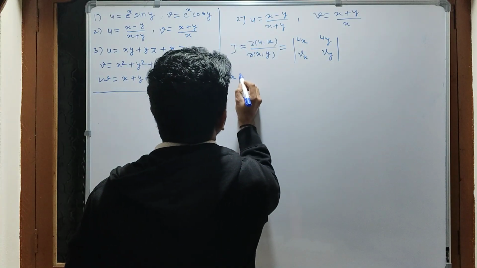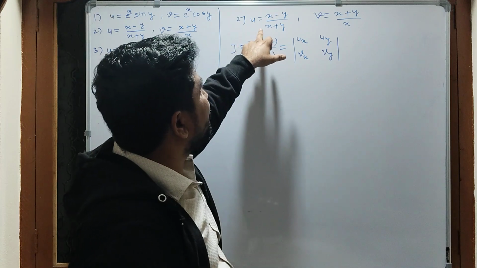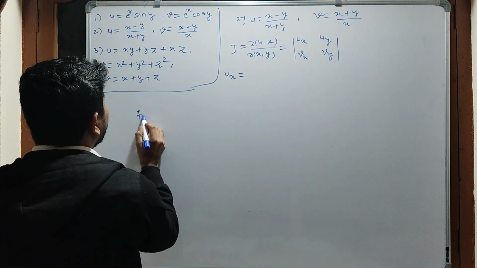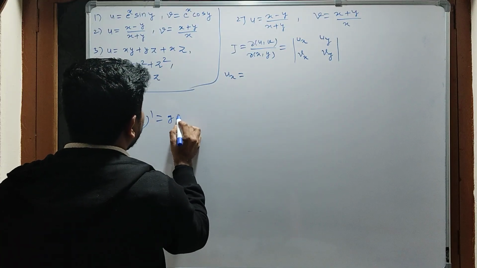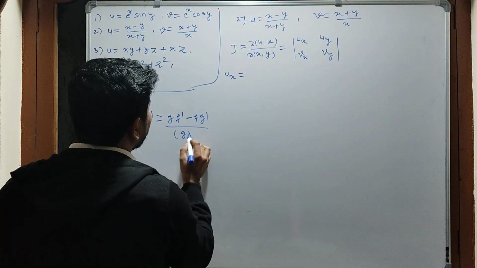So here u_x, I want to find the partial derivative of this function with respect to x. This is the quotient of two functions f and g. The derivative of the quotient of two functions is g as it is times the derivative of f minus f as it is times the derivative of g, divided by the denominator square.